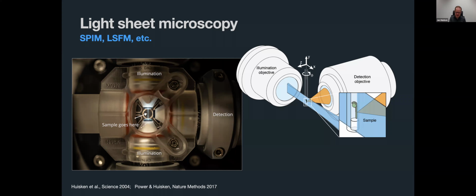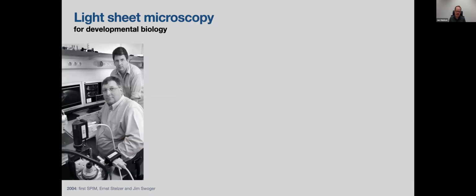So in this case, depicted here on the left, we have actually two illumination lenses, which helps getting better depth penetration on the illumination side, because you can illuminate from one side and from the other side, and thereby get a more complete image of your sample.